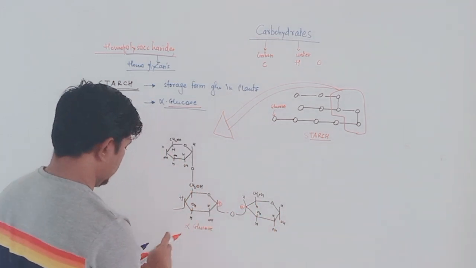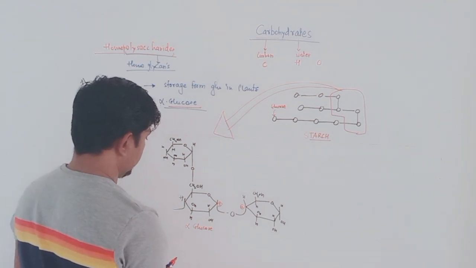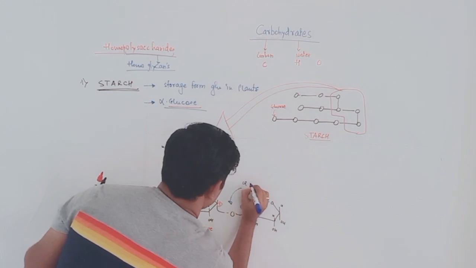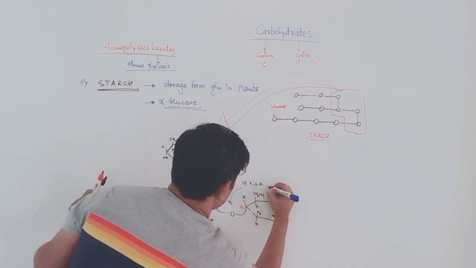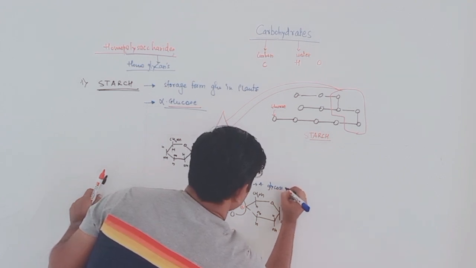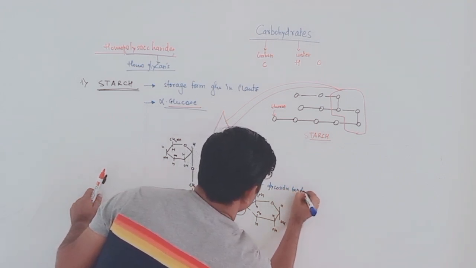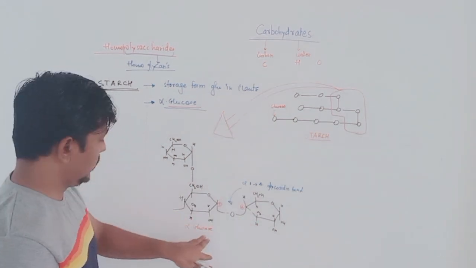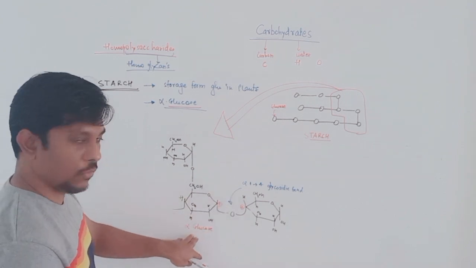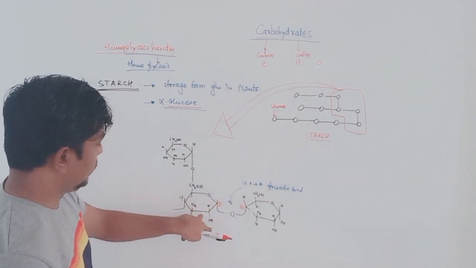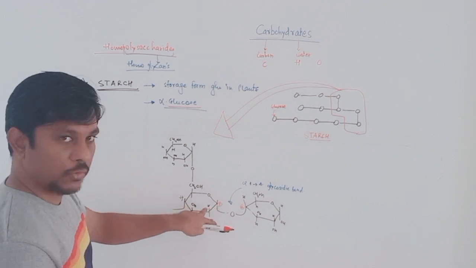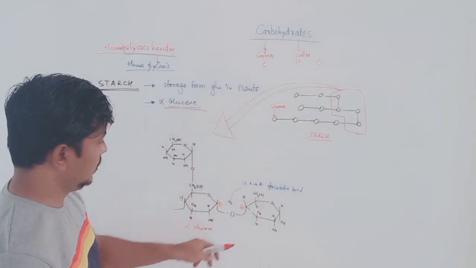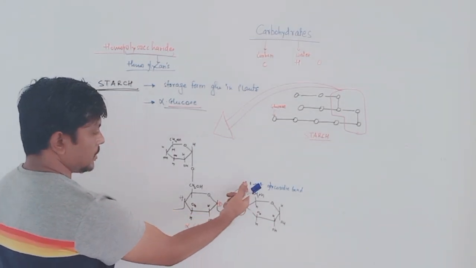We call this bond an alpha 1,4 glycosidic bond. As these are alpha units of glucose, the first carbon atom of one glucose molecule gets linked with the fourth carbon atom of the second glucose molecule, forming the alpha 1,4 glycosidic bond.